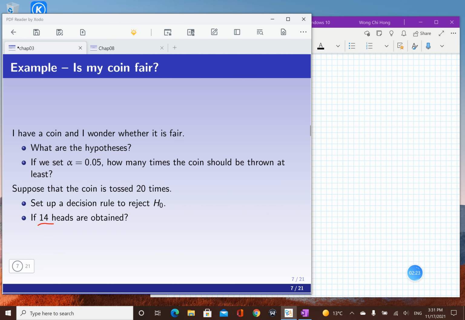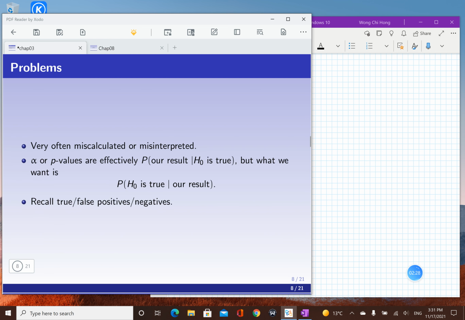That's it really about our significance level. But it's sometimes very easily misunderstood. The thing is, we're assuming our null hypothesis to be true.